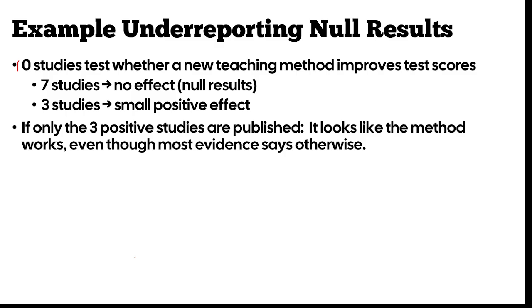We're only going to publish those 3 positive studies. And what that does is it makes that intervention, that new teaching method, look like it works much better than it actually does. Because, hey, I've got 7 studies here that said this stuff doesn't work. You see where the problem is with that, right?